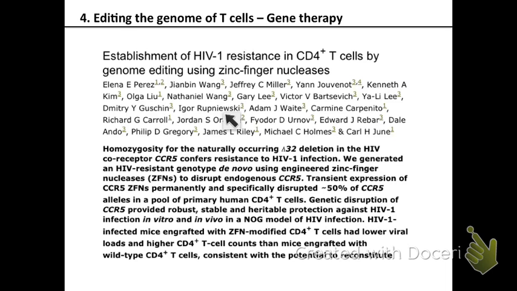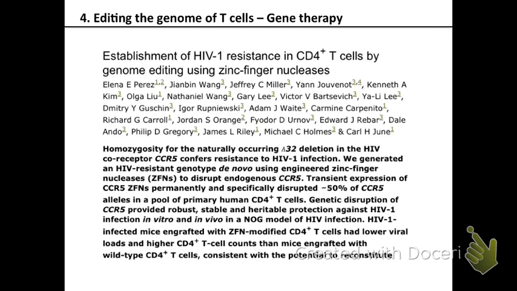Okay, and they know the molecular mechanism behind this resistance. It is due to a 32 amino acid deletion in the HIV receptor CCR5. Okay, so if a CD4 cell contains this mutant allele of CCR5, then it's resistant to HIV.